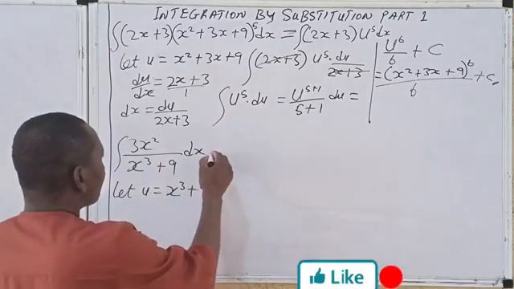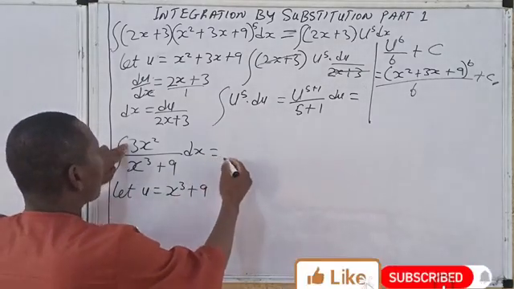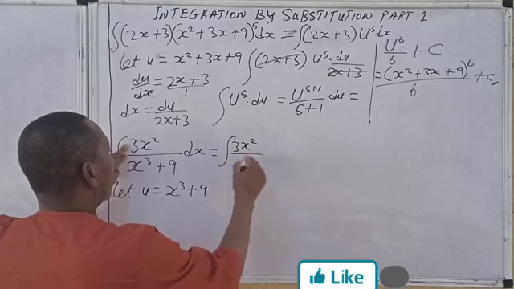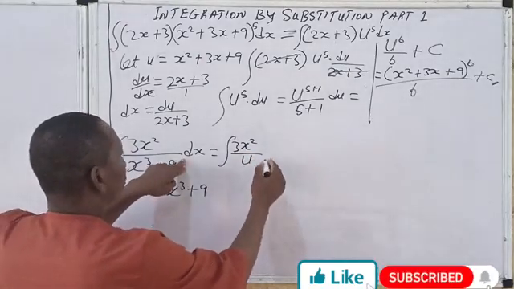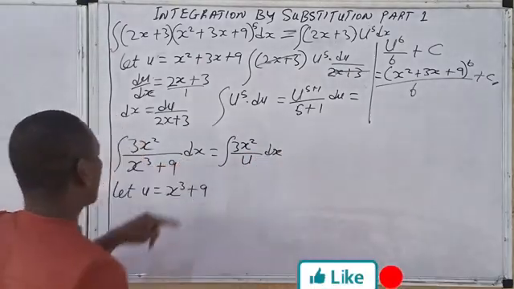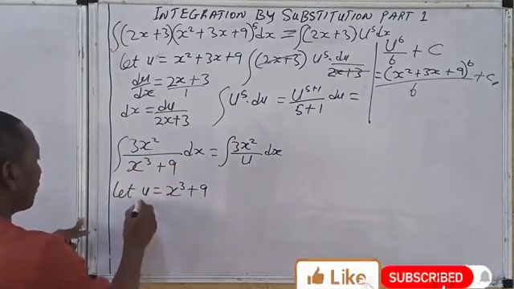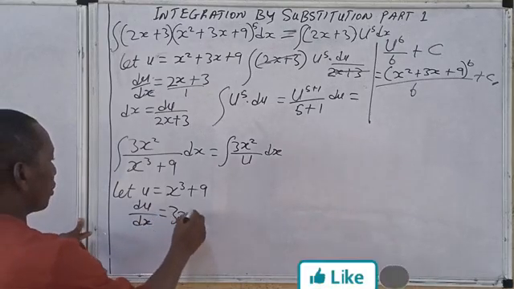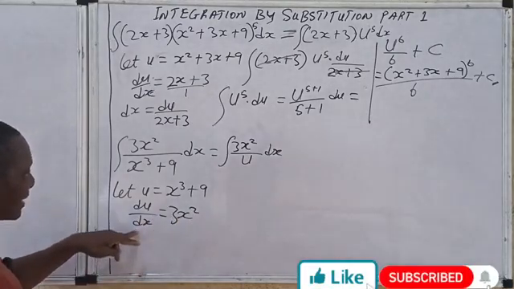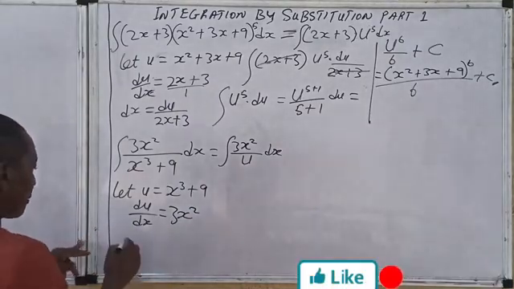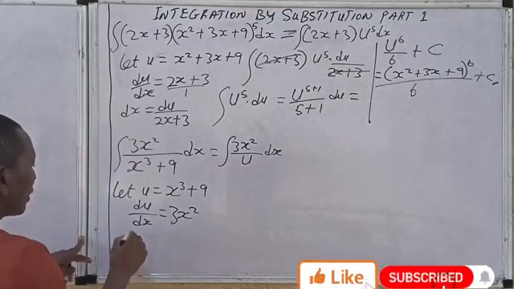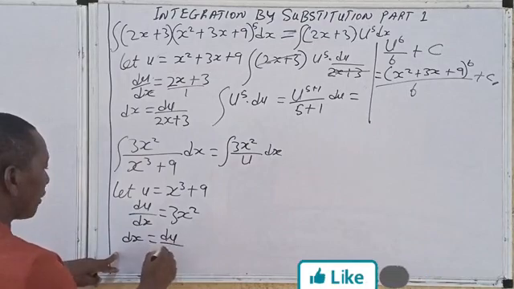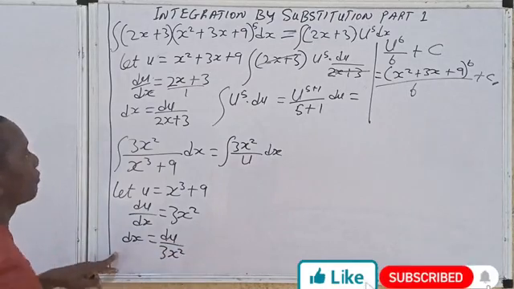So this will become 3x² all over u dx. Differentiate both sides. You have du/dx is equal to 3x². If you make dx the subject of formula, you get dx is equal to du all over 3x².